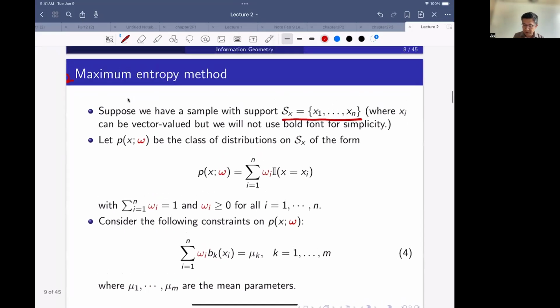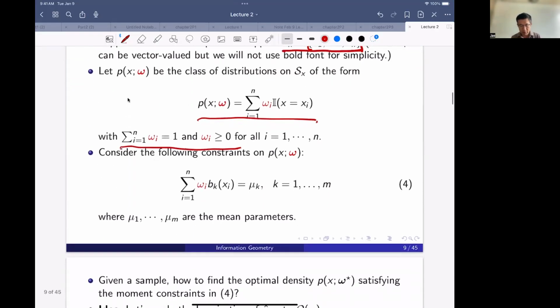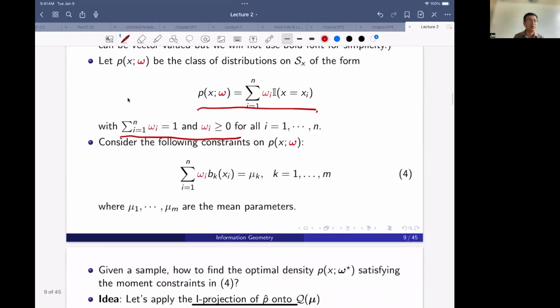Okay, so you observe x1 to xn, and you want to develop a distribution on these particular data points. Then the problem reduces to finding, constructing the weight. The constraint that we want to impose on the weight is the mean constraint.